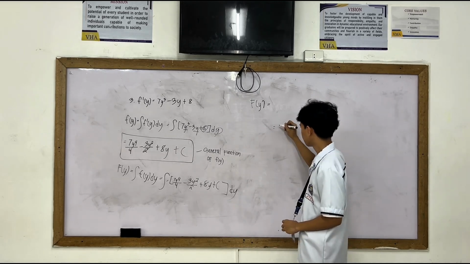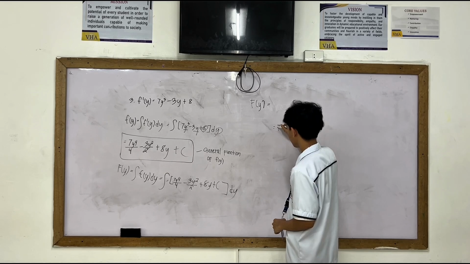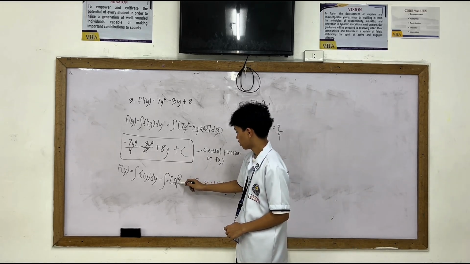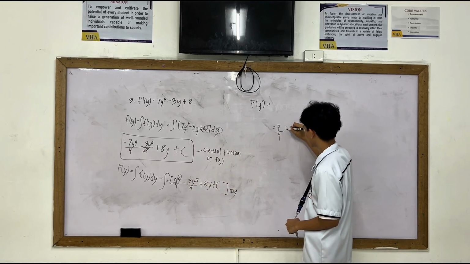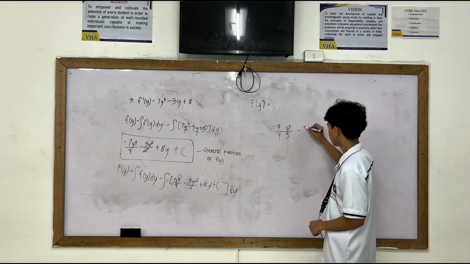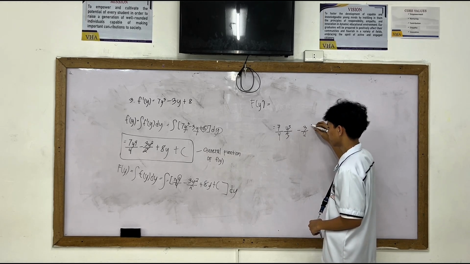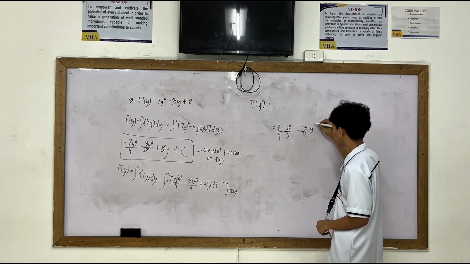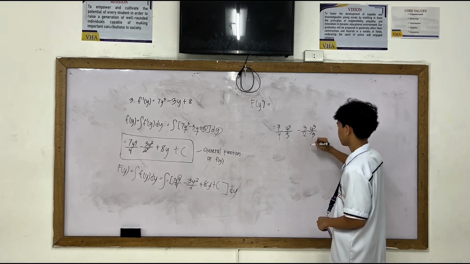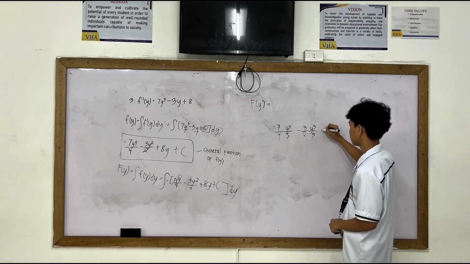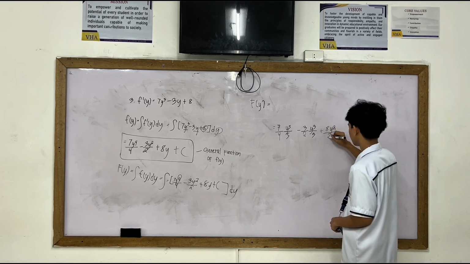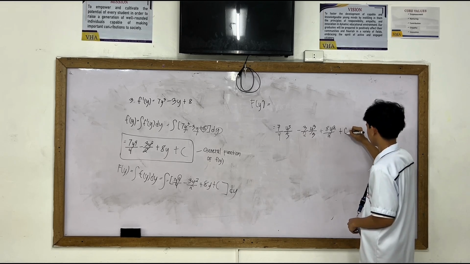First, write the constant, which is the 7 over 4, and find the antiderivative of y to the 4th over 5, minus, write the constant first, 3 over 2, and the antiderivative of y squared is y cubed over 3, plus 8y squared over 2.